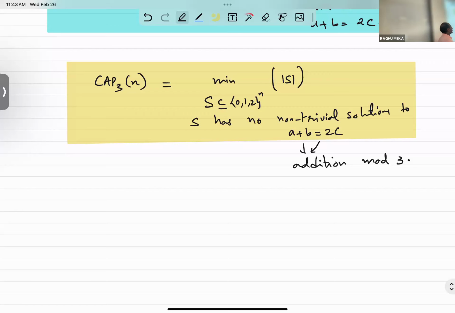I can't ask about addition over mod 2 because then 2 times c becomes 0, so it becomes trivial. So the least non-trivial question is over mod 3.